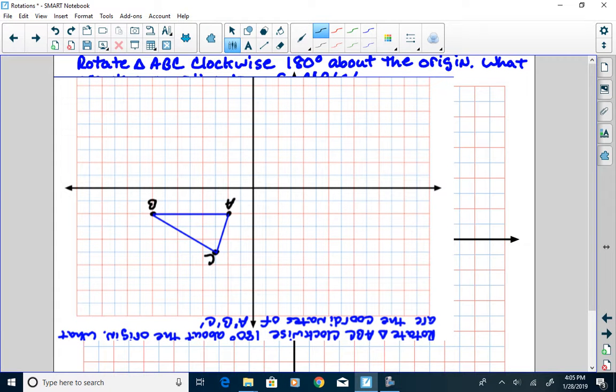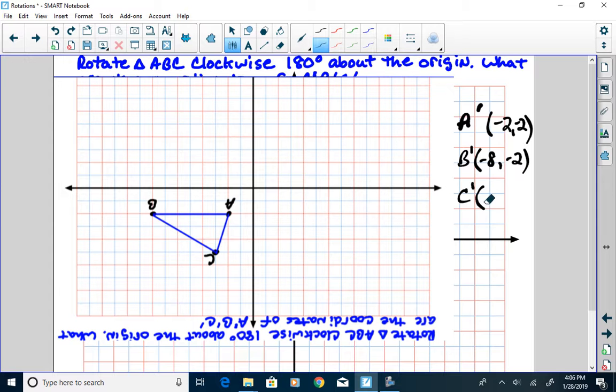Well, let's list our ordered pairs for our image. Our first ordered pair, let's call it A prime. A prime is going to be located at what? Negative 2, negative 2. So we have negative 2, comma, negative 2 for A prime. B prime is going to be located where? Negative 8 in the x direction, negative 2 in the y direction.